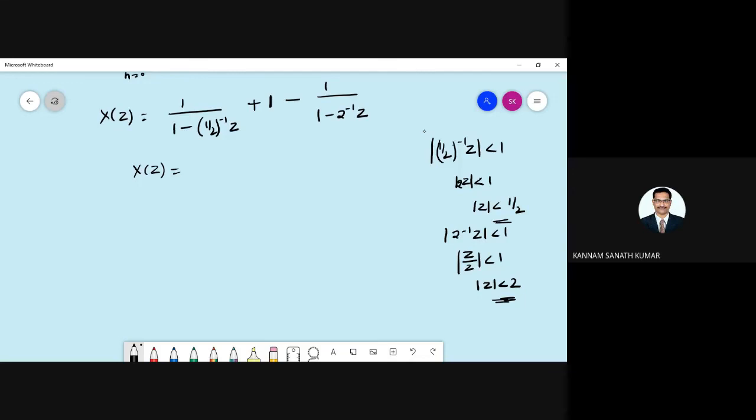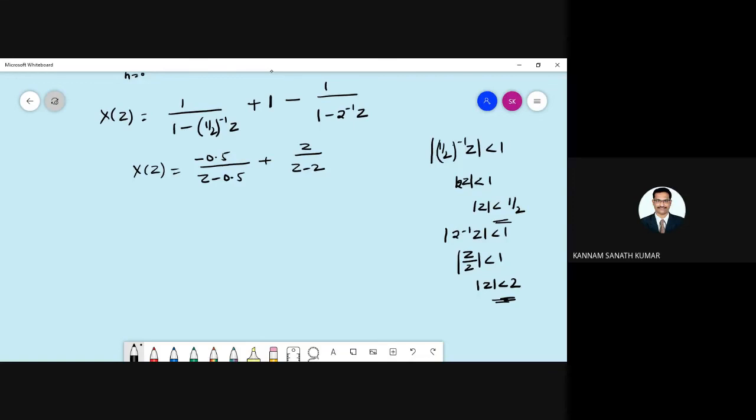So this you can write as minus 0.5 by z minus 0.5 plus z by z minus 2. So z by z minus 2, after simplification you are getting this.